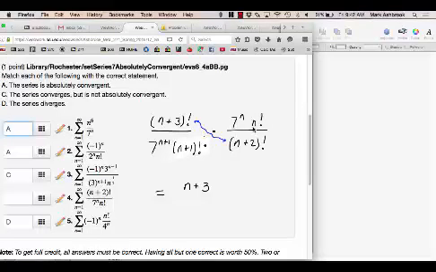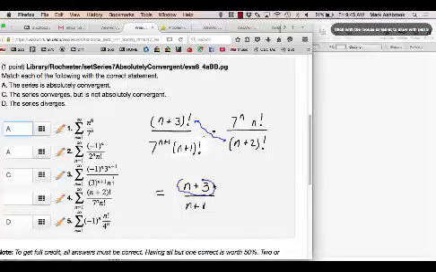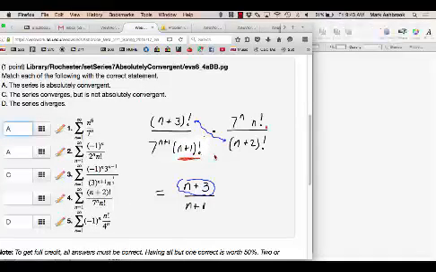All right, same thing with n factorial over (n plus 1) factorial. (n plus 1) factorial is basically n plus 1 times n factorial. So what does that become? n plus 1. So the blue ones combined give you n plus 3. The red ones combined give you n plus 1.